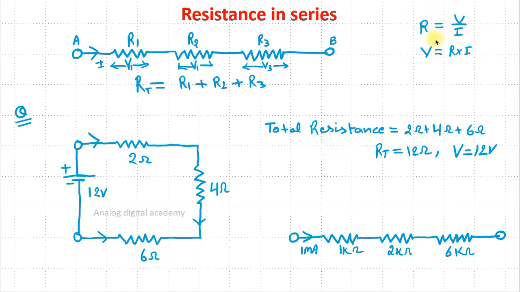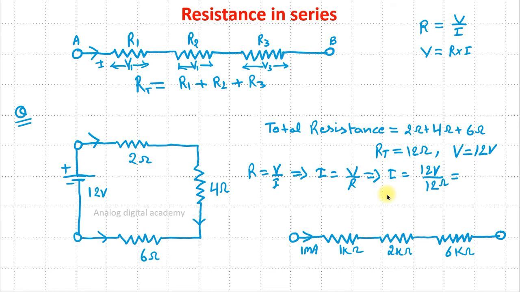As per this formula, we can calculate the value of I. As per Ohm's law, I will be equal to V upon R, so I will be 12 volt divided by 12 ohm.